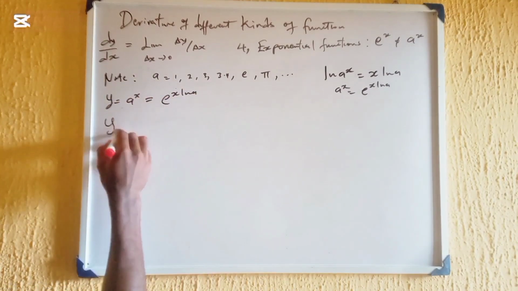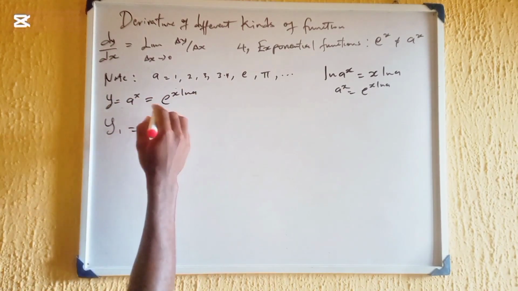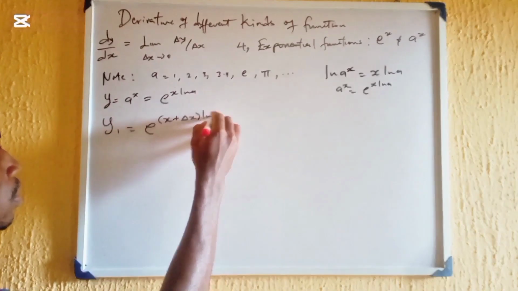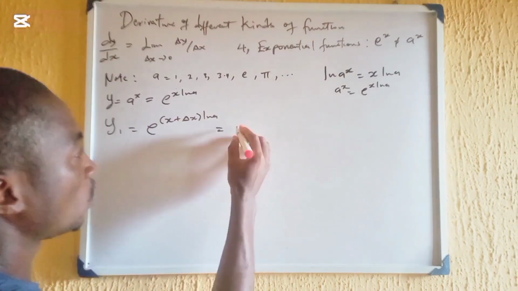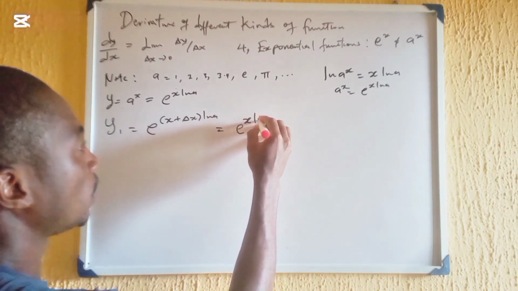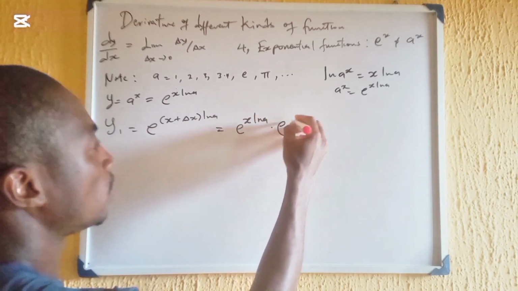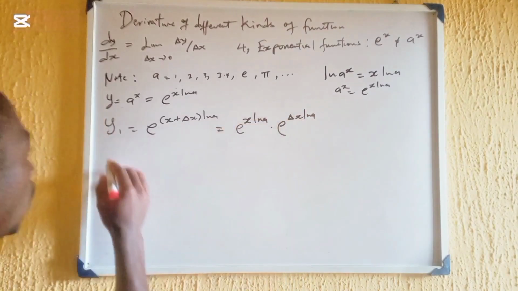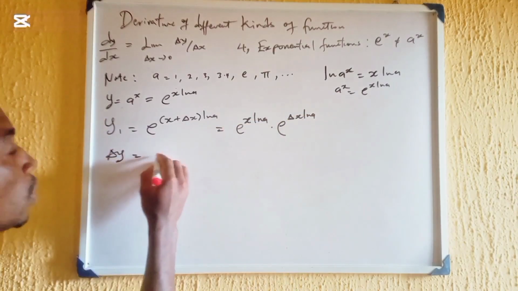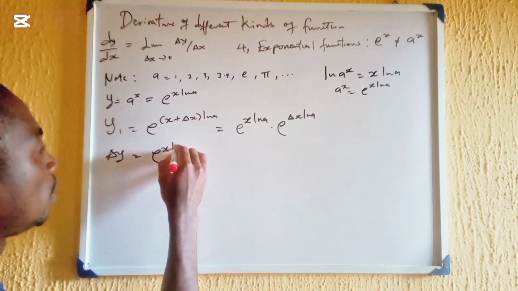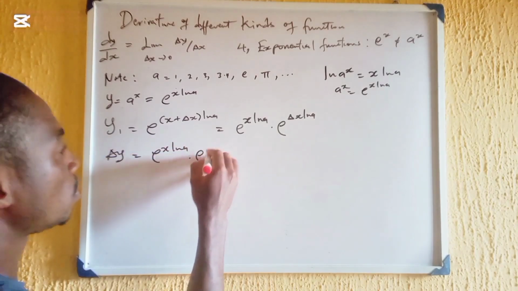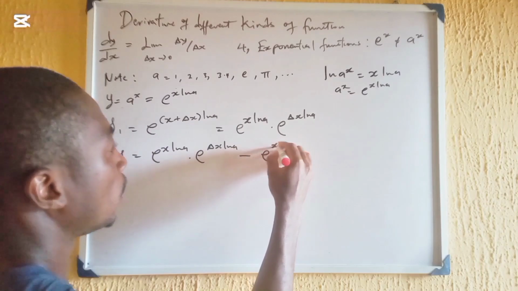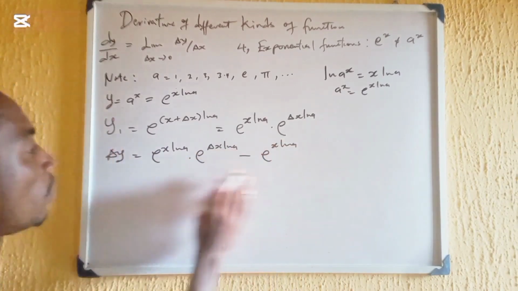So our y1 becomes e to the power x plus change in x into ln a. By the time we expand this, we'll be having e to the power x ln a into e to the power change in x ln a. So our change in y will become e to the power x ln a into e to the power change in x ln a minus e to the power x ln a. So we have a common factor.